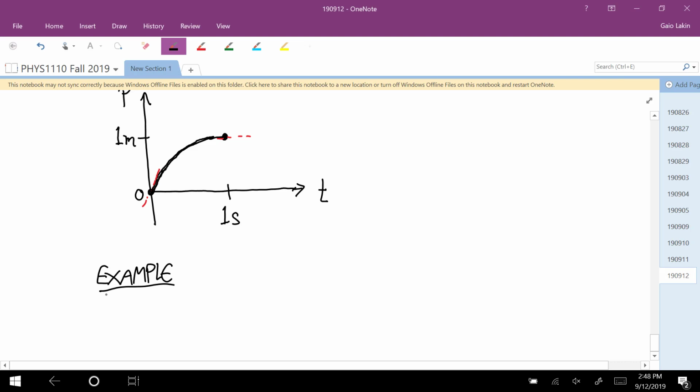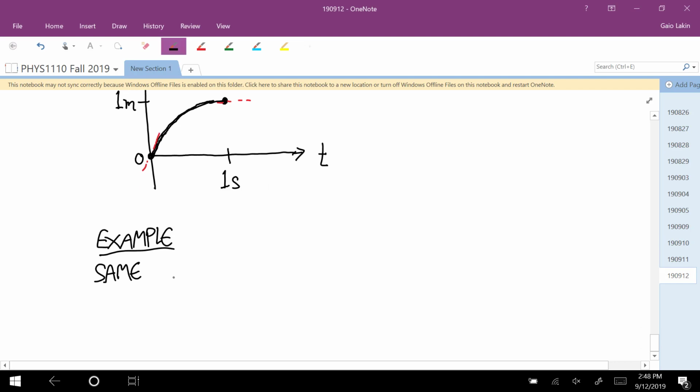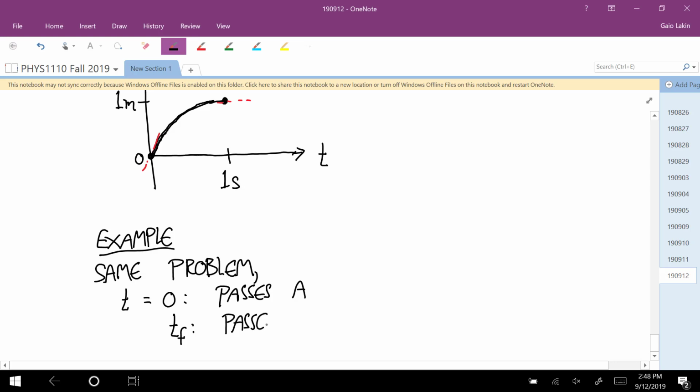We'll see how far we can get on this. But let's do the same problem. I know that feels like sometimes a little boring, but let's do the same problem. But we're going to make different choices about the 0 position and the positive direction. Time equals 0 is still going to be when it passes the point A. Time final is still going to be when it passes B. There's no way around using those 2 points.